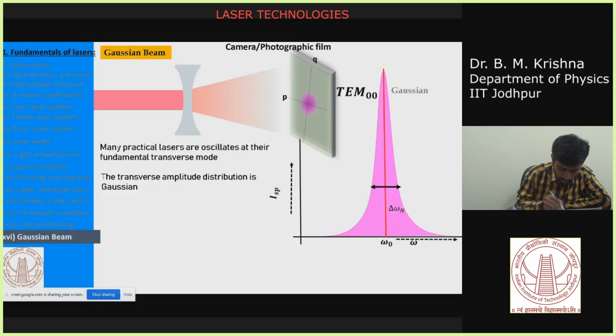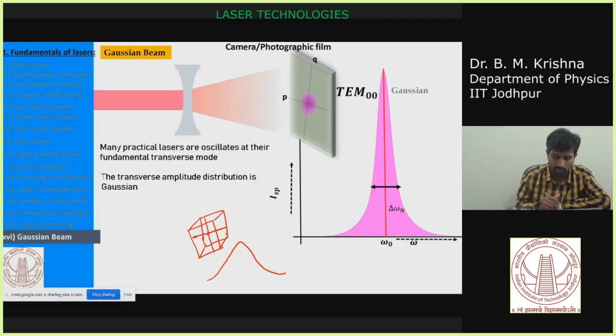Like for example, I can show you by making a 3D picture, but assume this is a sphere. From the body center you go from one end to the other end. If you take any cross-sectional view, or propagate from this end to this end, the intensity distribution always has a Gaussian distribution.